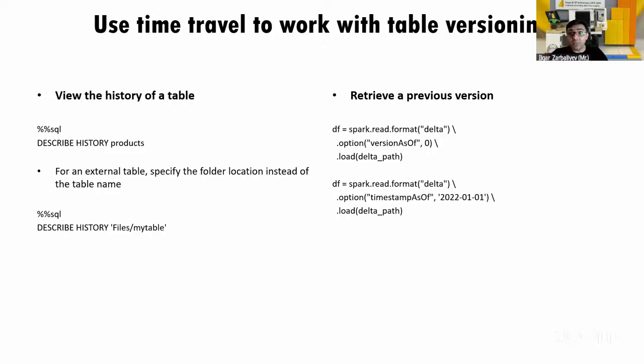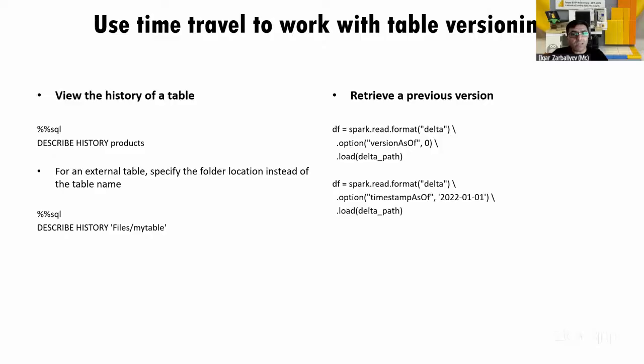For an external table, you specify the folder location instead of the table name, in quotes. Once you know which version you want, you retrieve it by reading the Delta file location into a data frame and specifying the version as an option. In this case, version as of 0 gives us the very first version of the table.